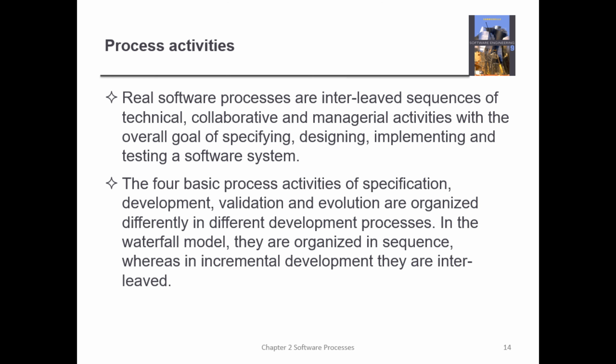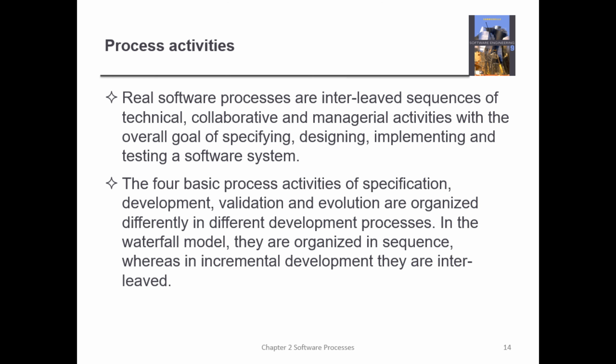Now, real software processes are interleaved sequences. They collaborate. These processes are not separate. They are not distinct. Meaning, you can be doing one process at the same time when you are also doing another process or phase. And one person may be doing one phase as another person is occupied with another task or in another phase.